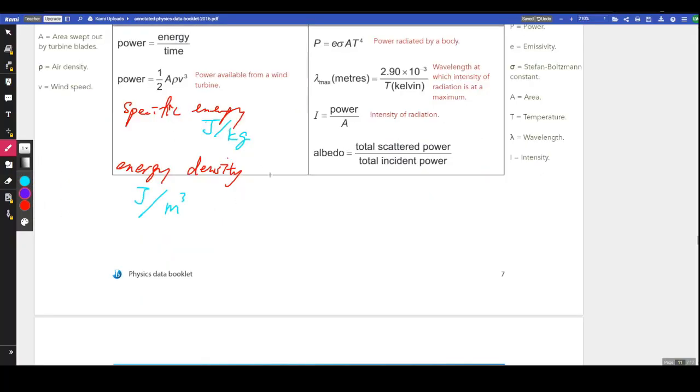Before we move on to the next equation, I want to talk about hydroelectric. For hydroelectric, it's not something about the equation itself, it's about how you express it. So let's say here is a very simple wall with water inside, and then it will flow down through a tube, and there's a generator.